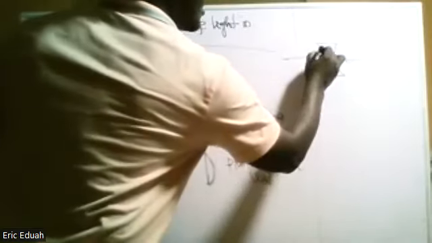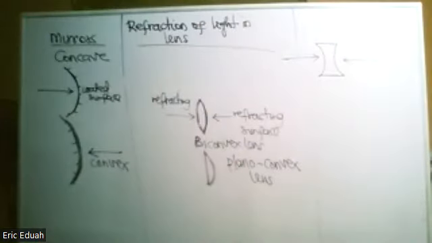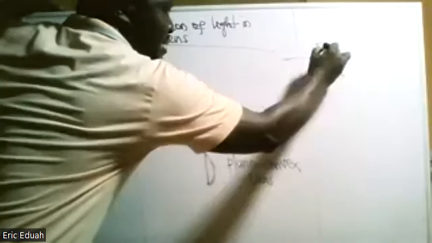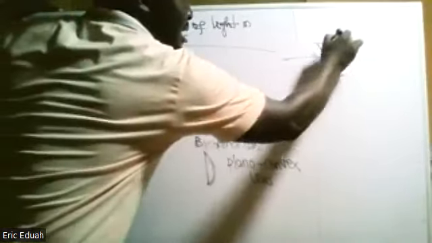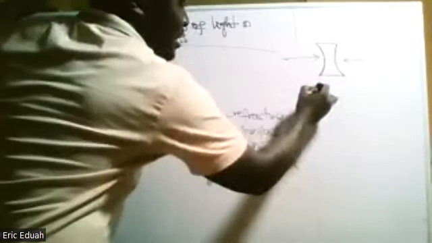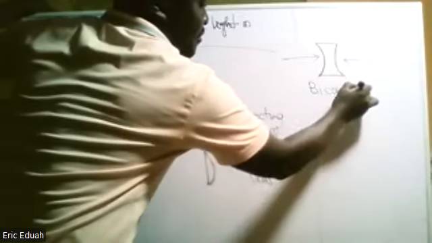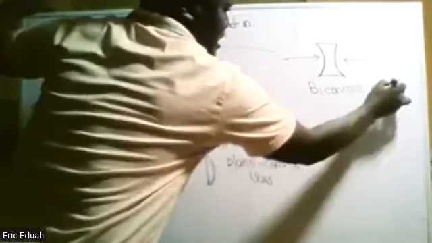This is another refracting surface. And because the refracting surfaces this time curve inwardly, we call this a biconcave lens.